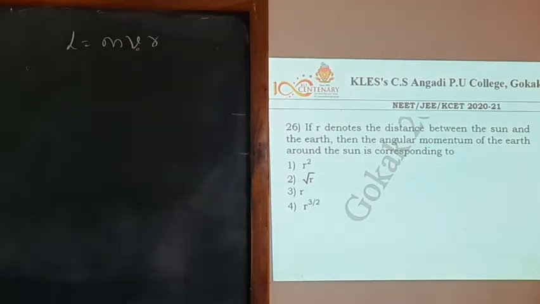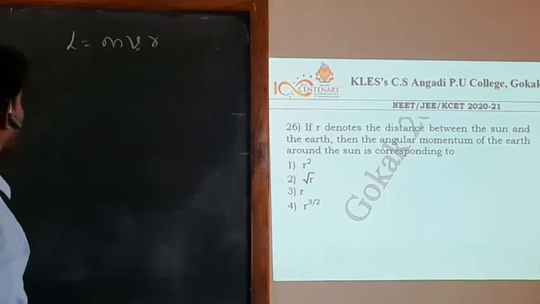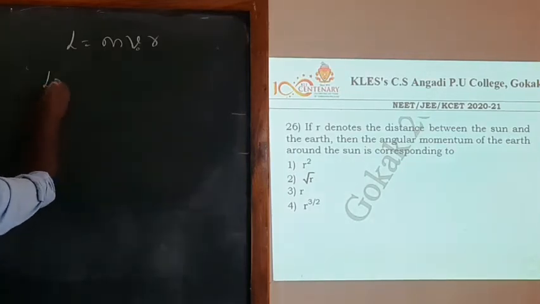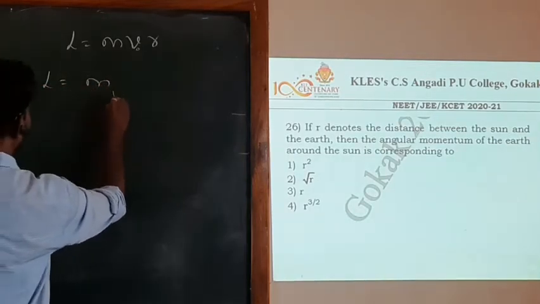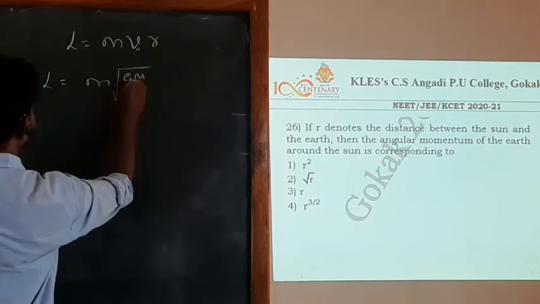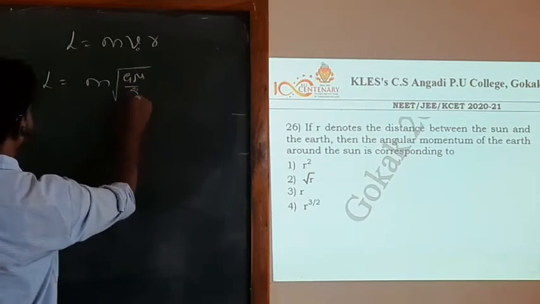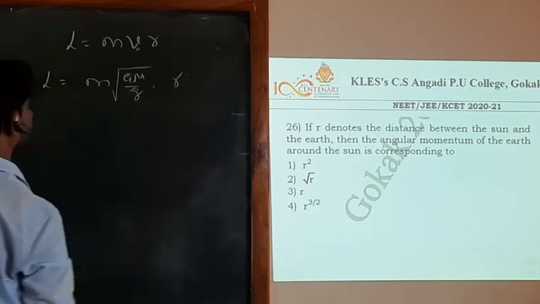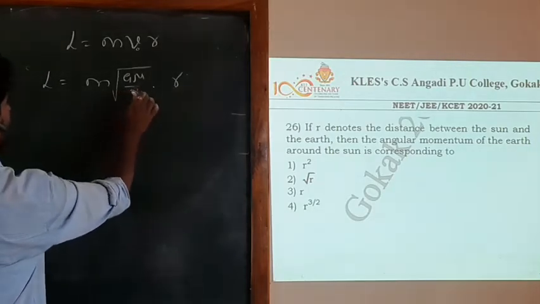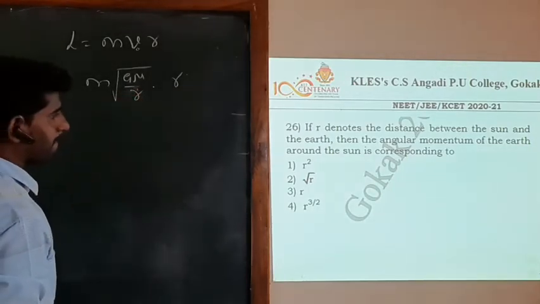V naught is the orbital speed of the earth around the sun, and we know the value of v naught. Substitute: L is equal to m into root of GM divided by r, into small r, the distance from earth to the sun.